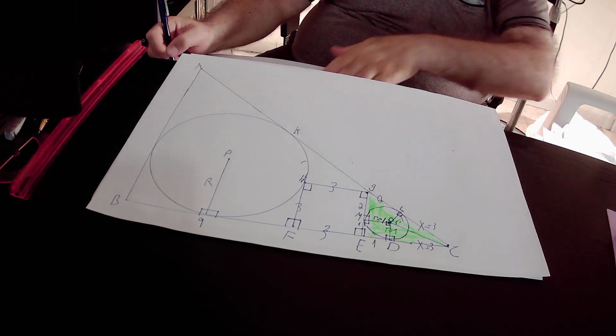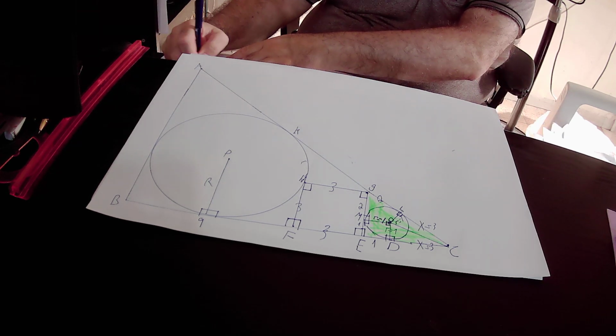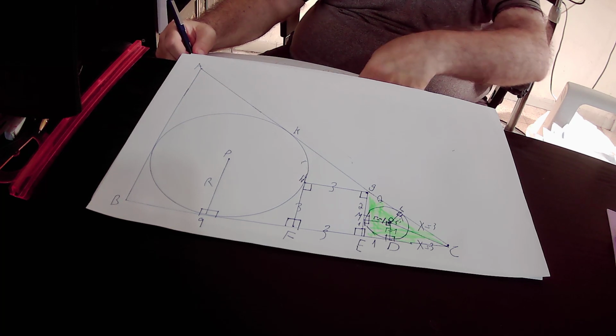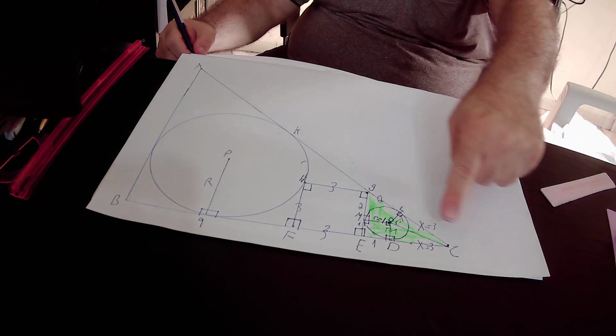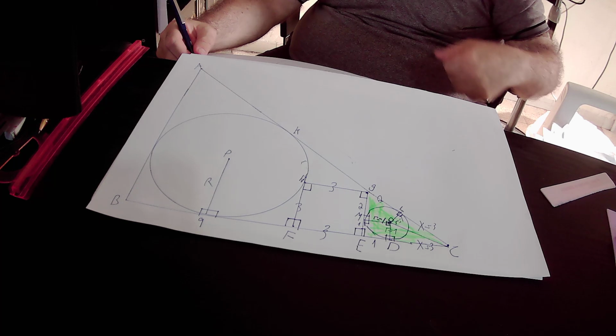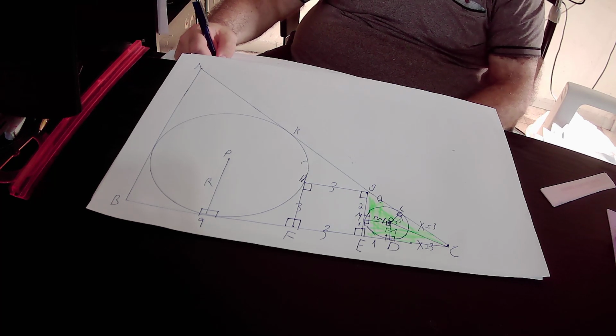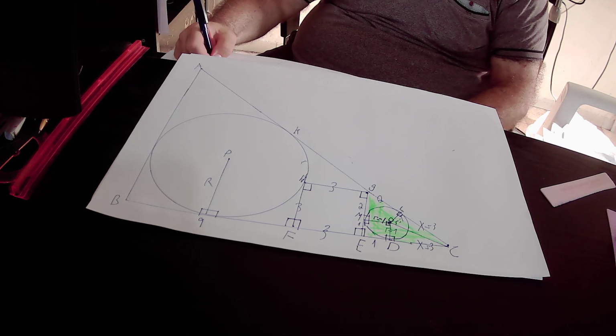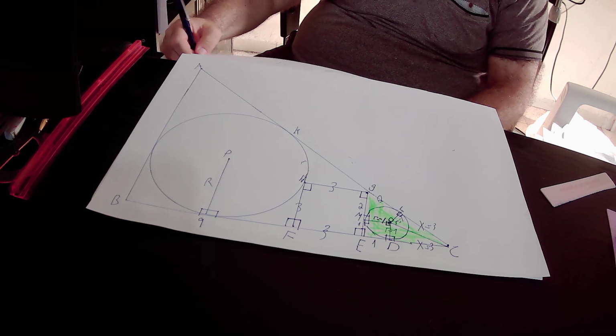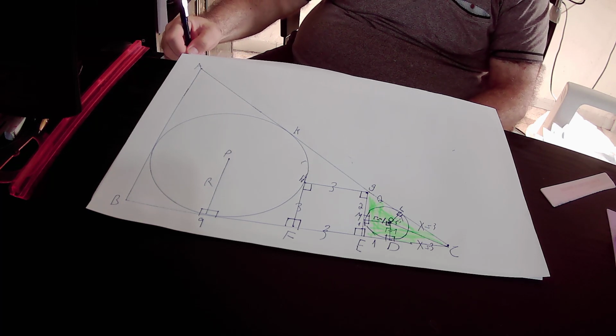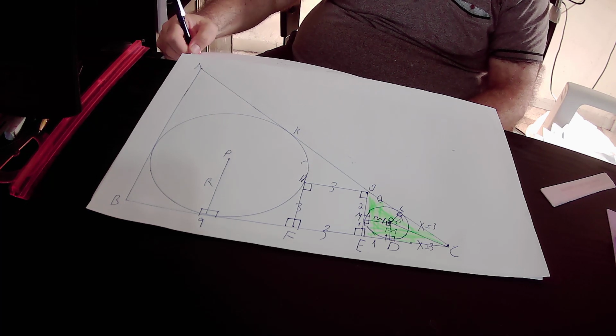And finally, we have side CO that is a common side, so CO equals CO. It's a common side that belongs to both triangles.